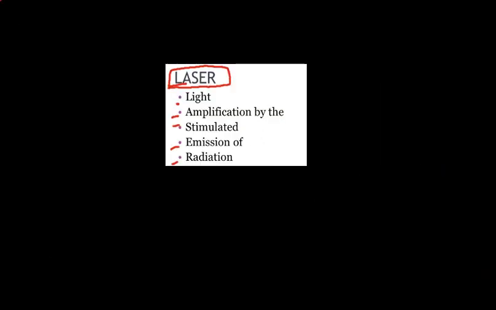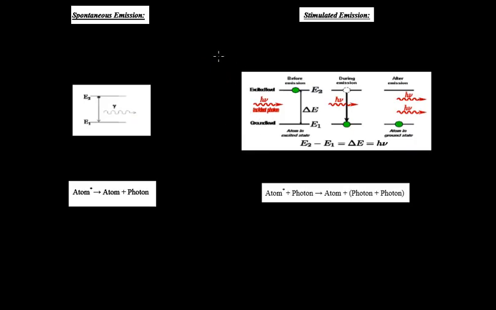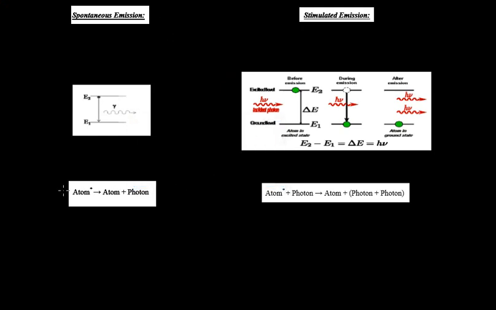Now we'll see emission. So there are two types, we know that. First is spontaneous emission and second one is stimulated emission. So we'll do a comparative study between these two.